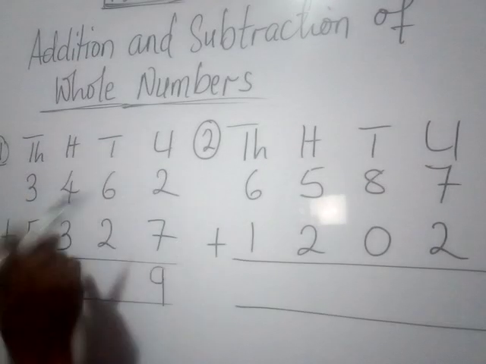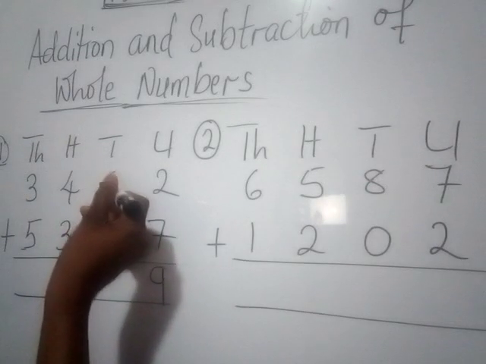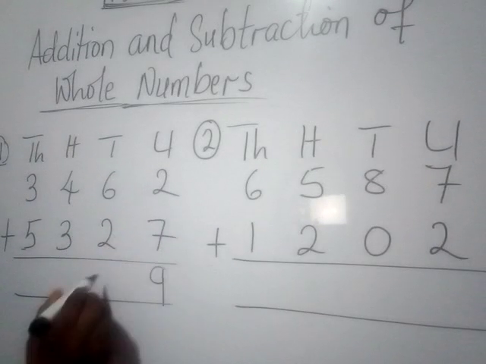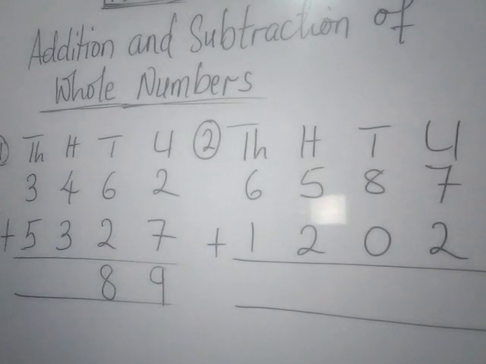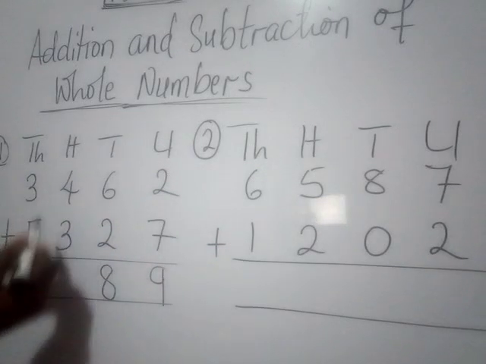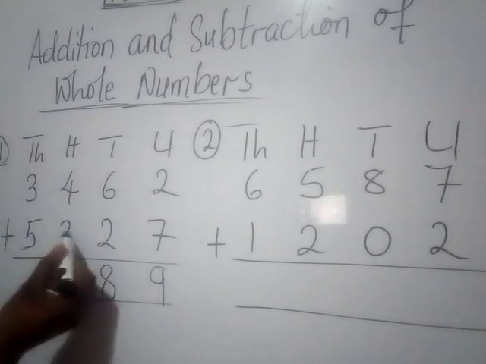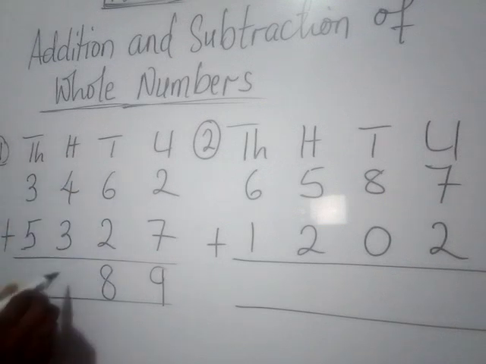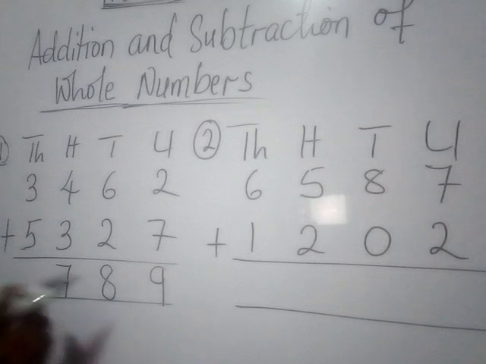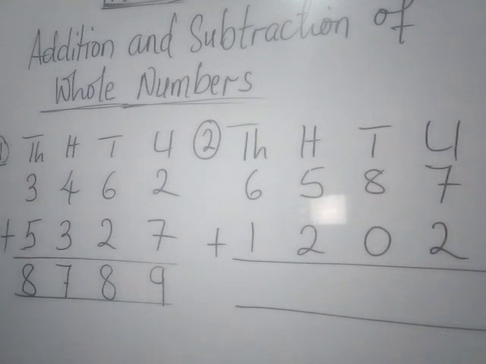The next one is 6 plus 2. 6, count on 2 more steps, 7, 8. 2 plus 6 is 8. The next one is 4 plus 3. So 4, count 3 more steps, 5, 6, 7. You have your 7, and then 3 plus 5: 5, count on 3 steps, 6, 7, 8. You have your 8.